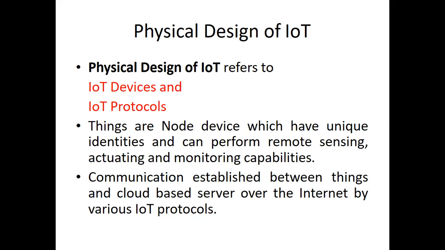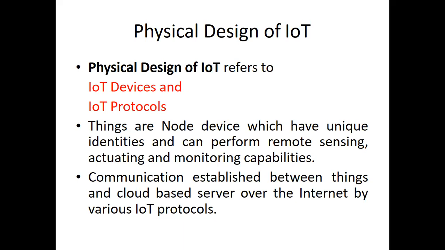So things are the node devices which have a unique identity and can perform remote sensing, actuating, and monitoring. IoT devices means different objects, different machines which are involved in the process, either sensing, actuation, or monitoring.